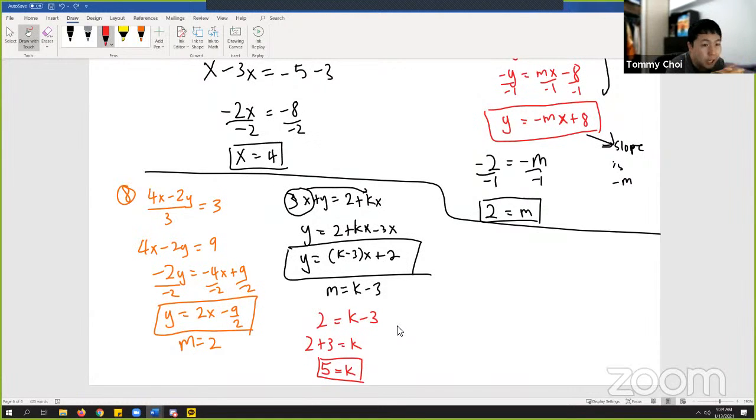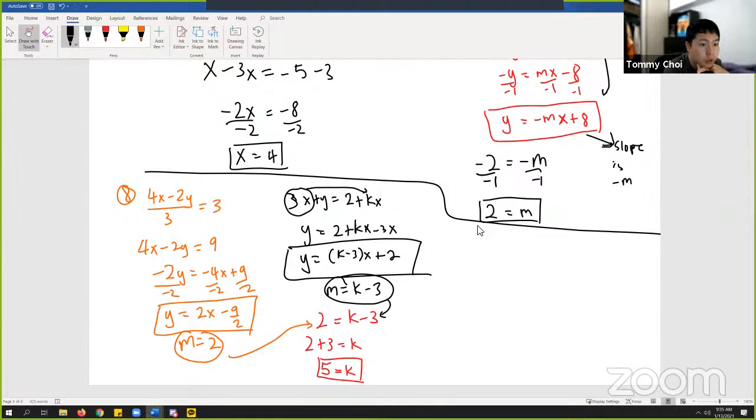Any questions or clarifications on 3.2 homework? Does that clarify? Perfect. Good. Yeah, because they're parallel, right?